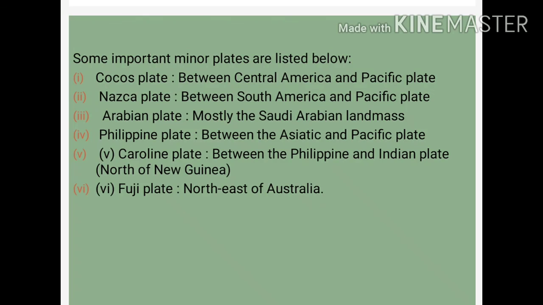We have the Philippine plate between the Asiatic and Pacific plate. We have the Caroline plate between the Philippine and Indian plate, and we have the Fiji plate, which is present in the northeast of Australia. So these are the minor plates which are present inside the oceans or continents, that is in the Earth's interior, and which are horizontally moving over the asthenosphere.